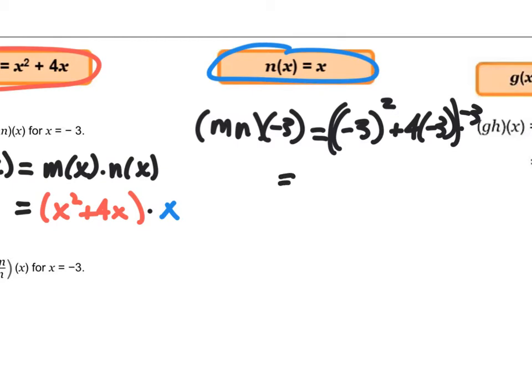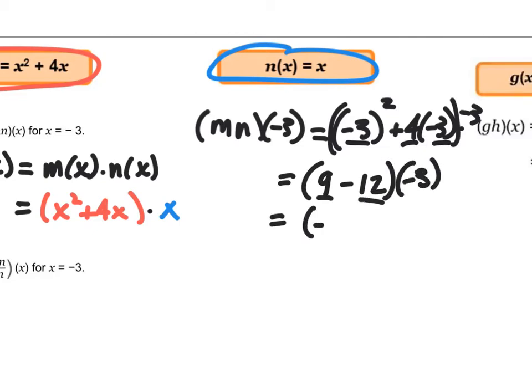All right, so let's take a look. Let's take our parentheses here. -3 squared is going to give us +9. And then 4 times -3 is going to give us -12. Take that and then multiply it by -3. So 9 minus 12 gives us -3. And if we multiply that by -3, then that's just going to give us a +9.